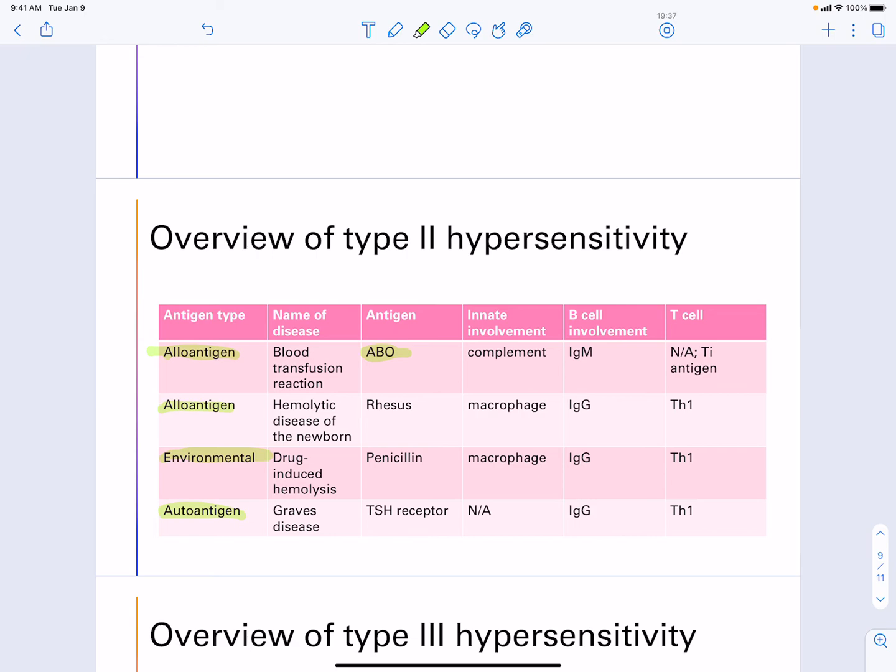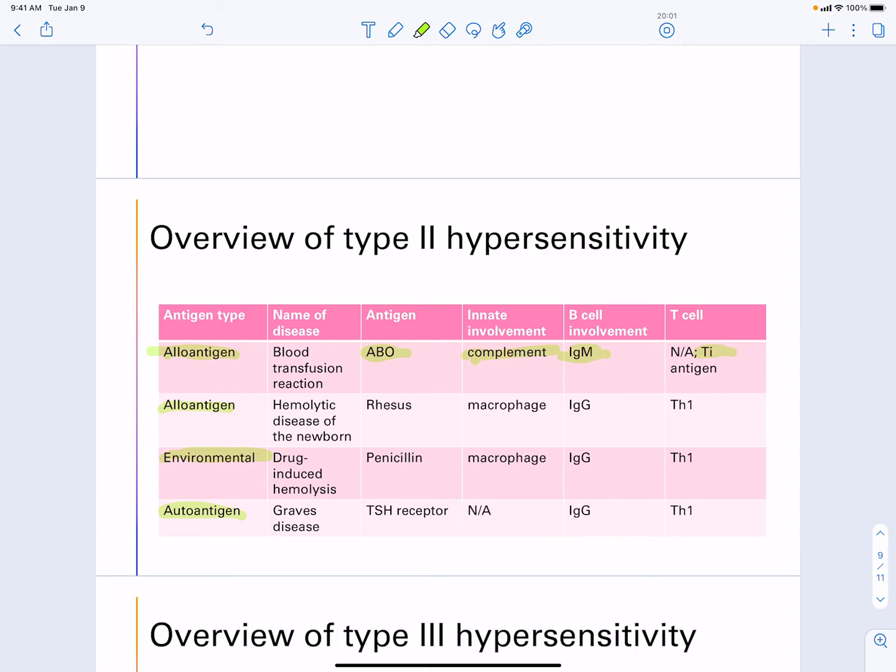Even though it can be rhesus, the more dominant is, of course, ABO. You want to have matching of that, but you also want matching of rhesus. The innate involvement is going to be complement. You're going to have IgM associated with this. It'll be your natural antibodies. And so this is the T-independent antigen, so no T-cell involvement.